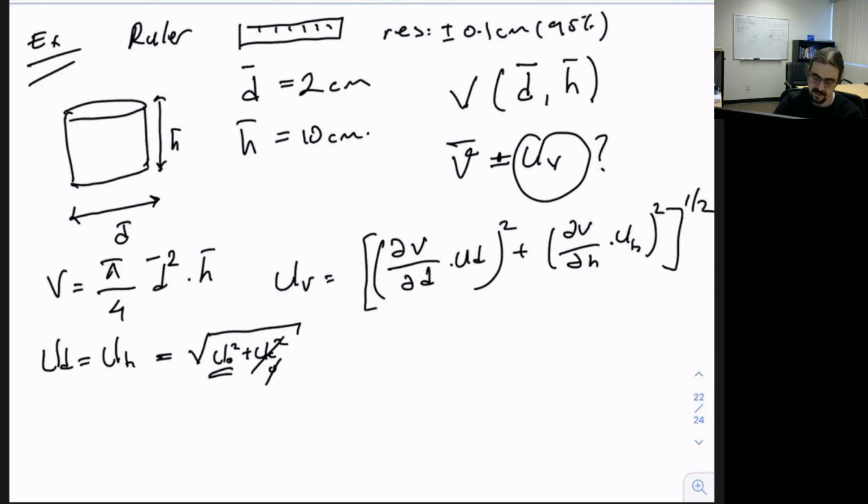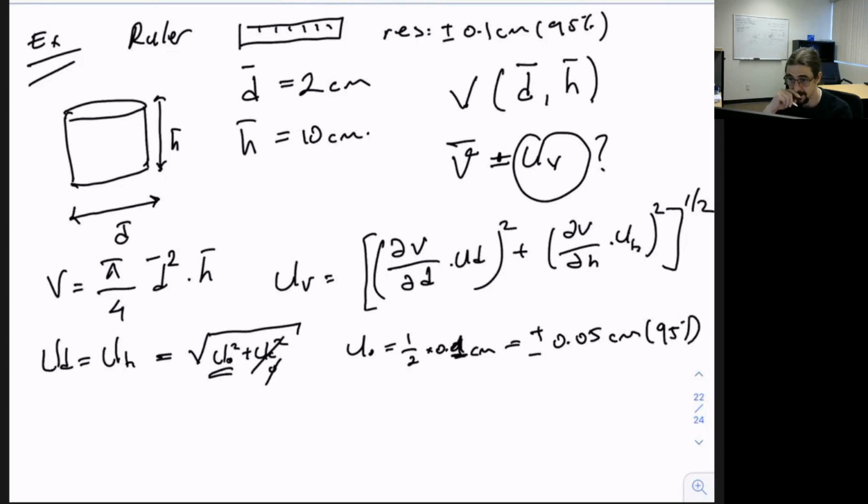That means it's only the U0 squared in square root, and our U0 is half of our resolution. So that will be 1/2 times 0.1 centimeters, and that's going to be plus minus 0.05 centimeters at 95 percentile.